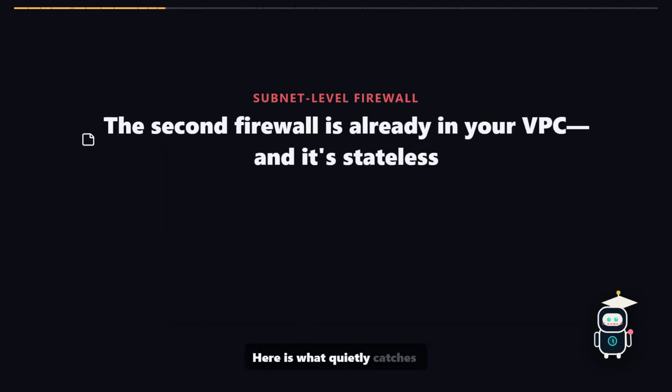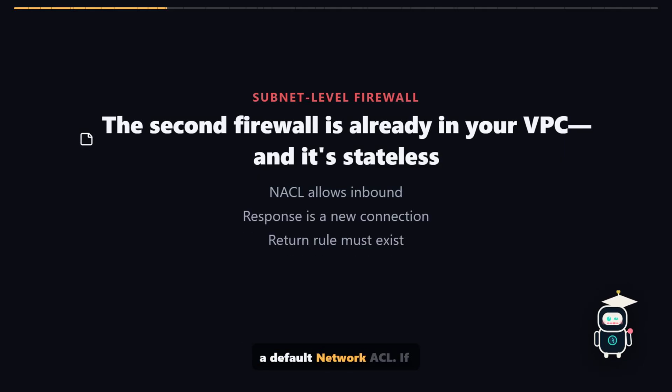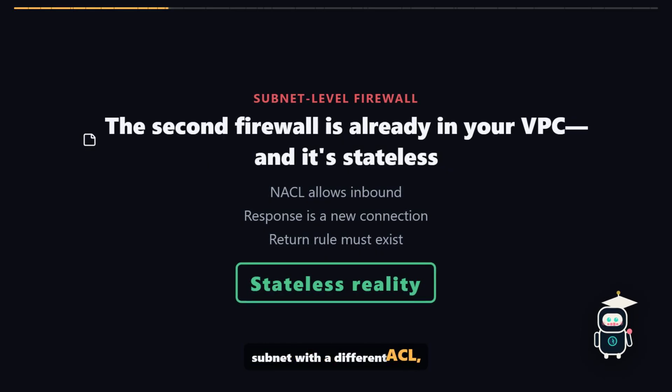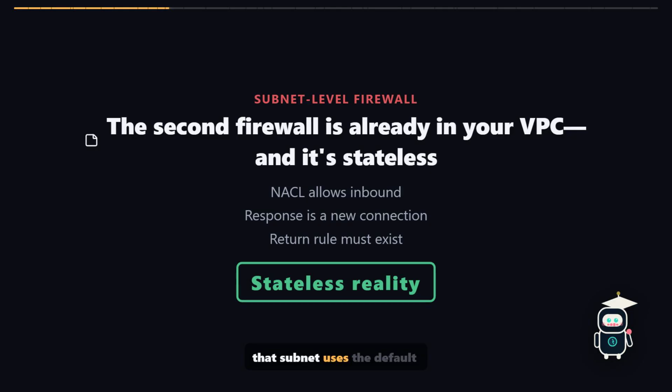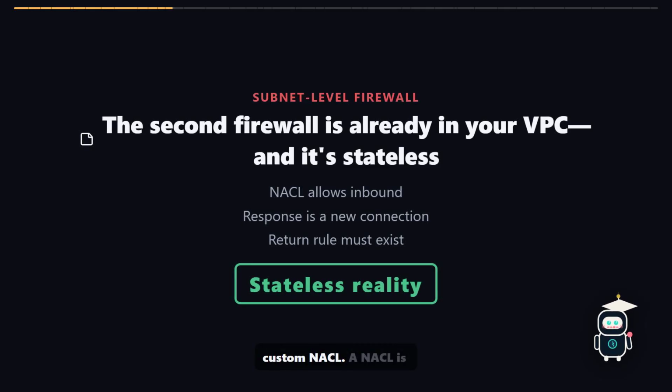Here is what quietly catches people. Every VPC comes with a default network ACL. If you do not associate a subnet with a different ACL, that subnet uses the default one, which allows all inbound and outbound traffic. That sounds harmless until you edit it or replace it with a custom NACL. A NACL is stateless.